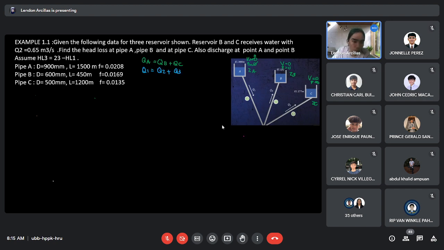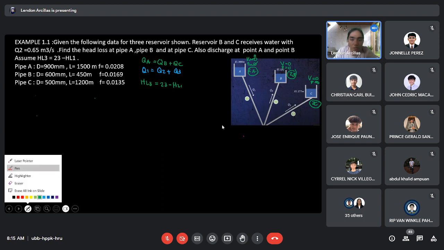Same lang yan. And it says here that the head loss at point 3 is equal to 23 minus head loss 1. Okay. So to find first, ano ba yung hinahanap dito? The discharge at point 1, Q1, and Q2, and find the head losses of A, B, and C.